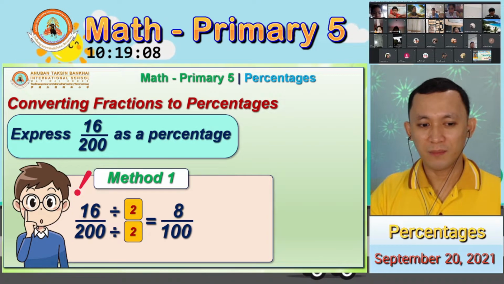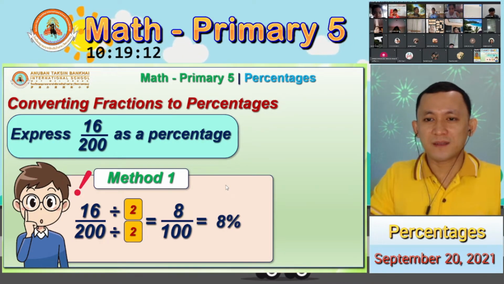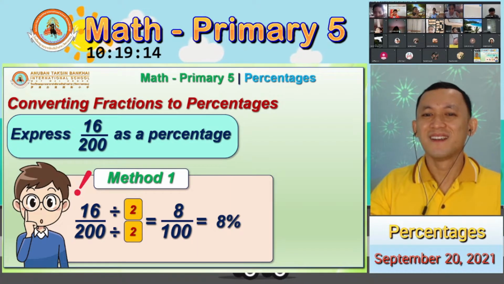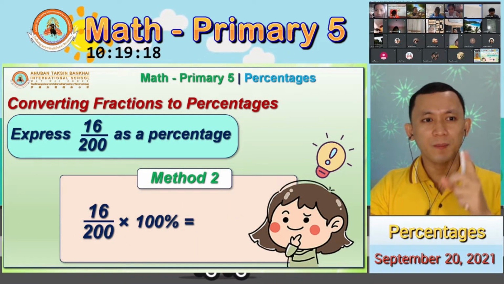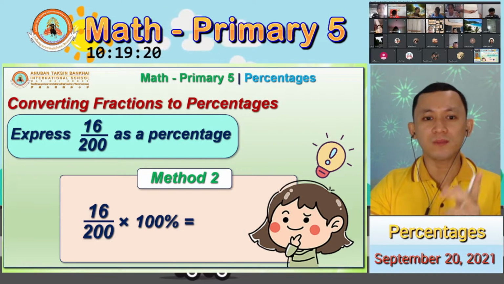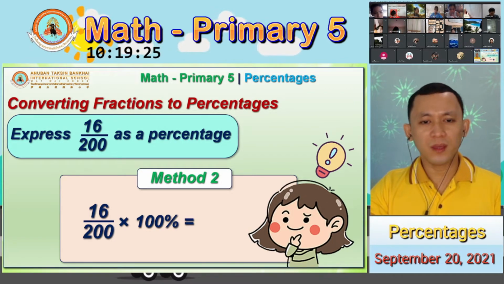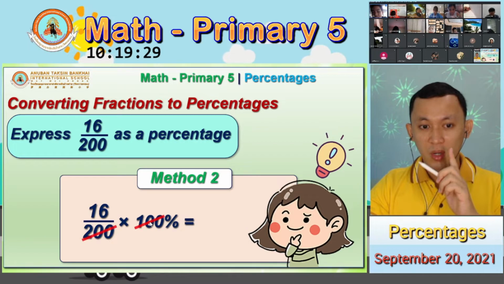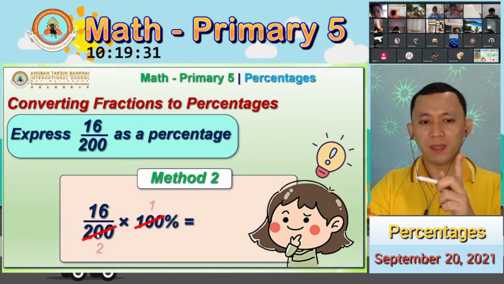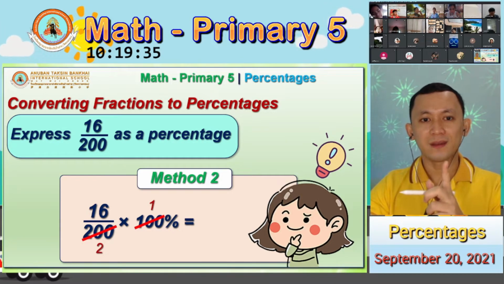Very, very easy. Teacher, can we use method 2, multiplication? We can also use method 2. Again, we can cancel: 100 divides 200, so 200 became 2 and 100 became 1.